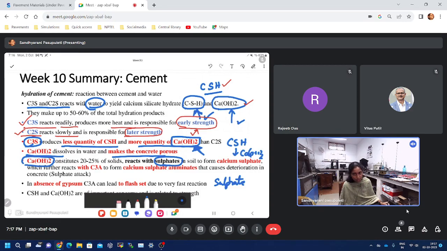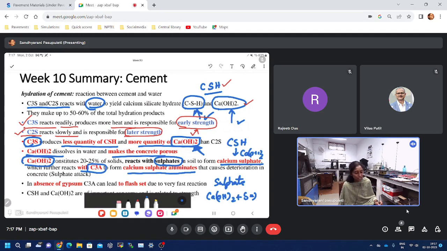How is it actually going to affect? When Ca(OH)2 is there and it reacts with the sulfur, it will form calcium sulfate, and this calcium sulfate will react with the C3A, tricalcium aluminate, and this forms calcium sulfoaluminate. This is the main reason for the deterioration in the concrete.